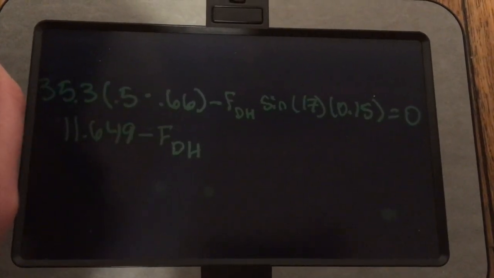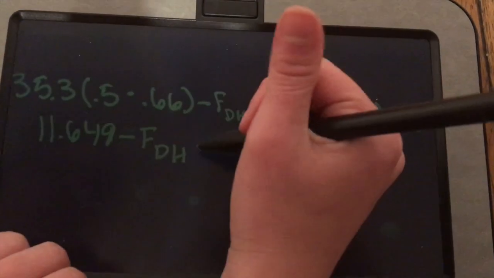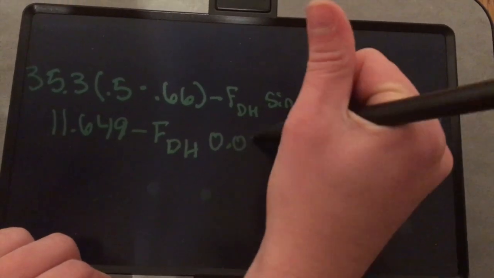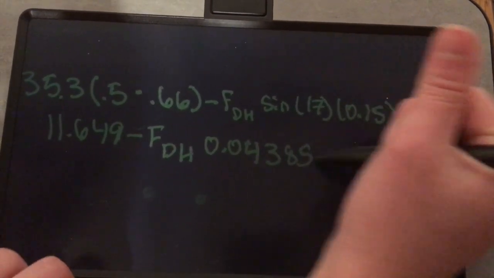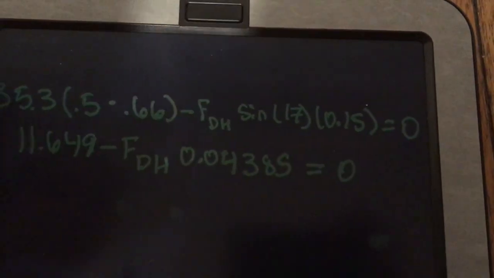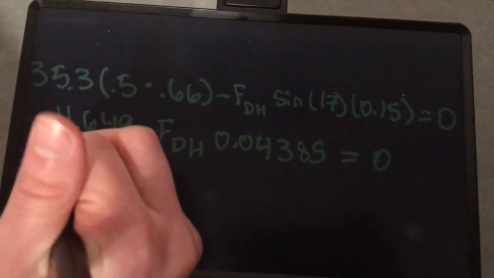So the sine of 17 times 0.15 is going to equal 0.04385. So now, let's move the 11.649 to the other side.